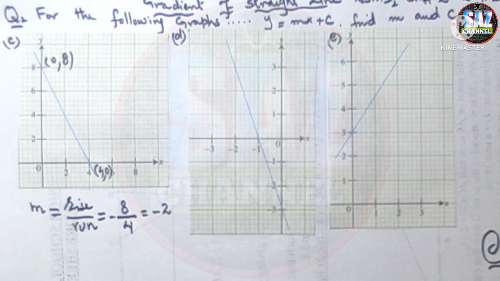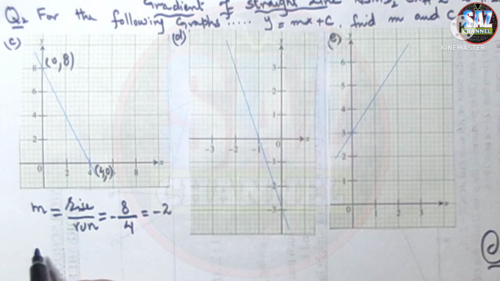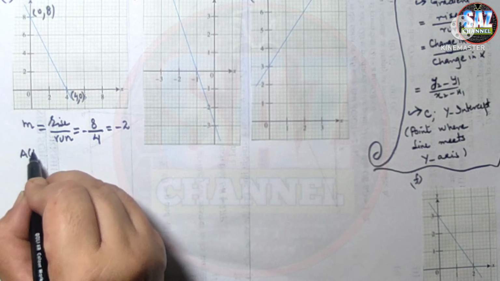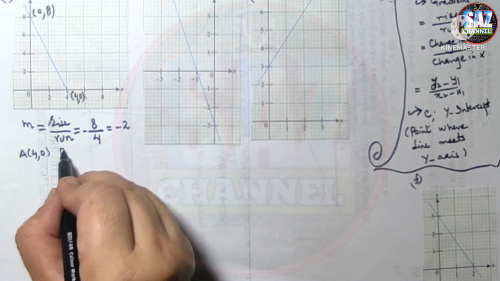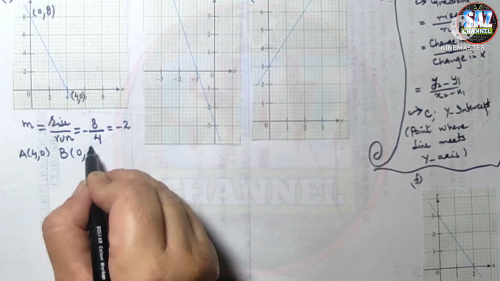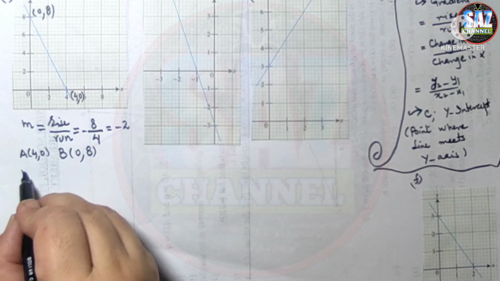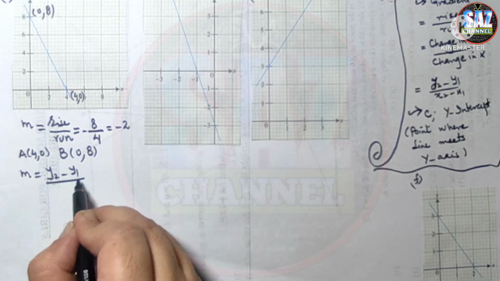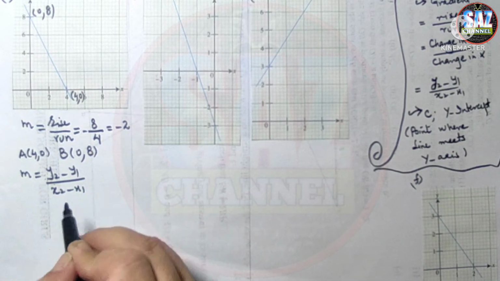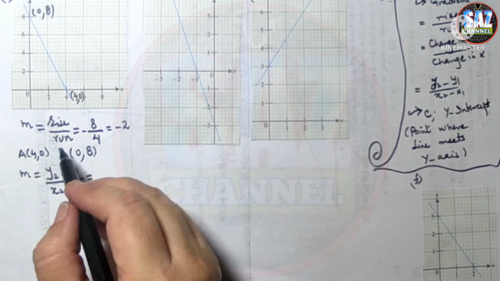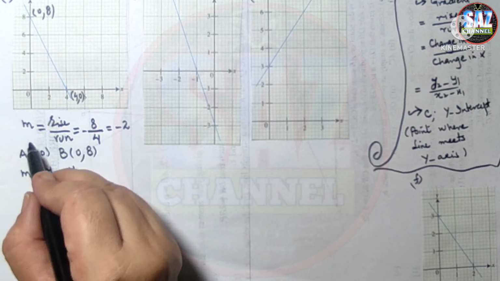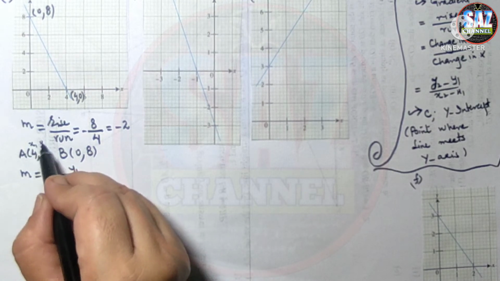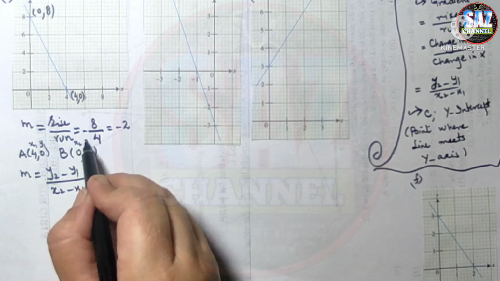And let's have the experience of finding the gradient with the help of the formula as well. Let one of the points be A, 4 and 0, and B is 0 and 8. Formula for the gradient is y2 minus y1 upon x2 minus x1. As this is the first point, we can mark it as x1, y1, and then x2 and y2.